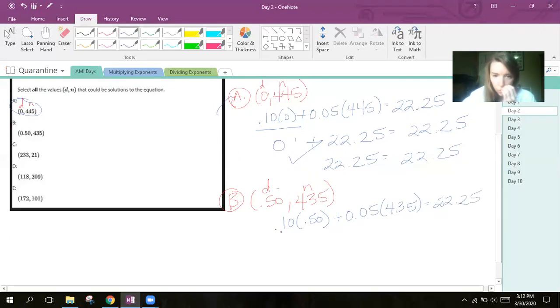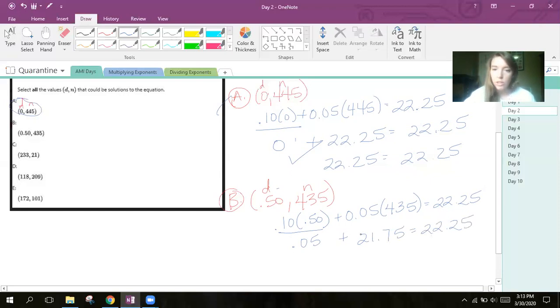Okay, so order of operations, I'm going to do 0.10 times 0.50, and I get 0.05, plus 0.05 times 435, and that equals 21.75.